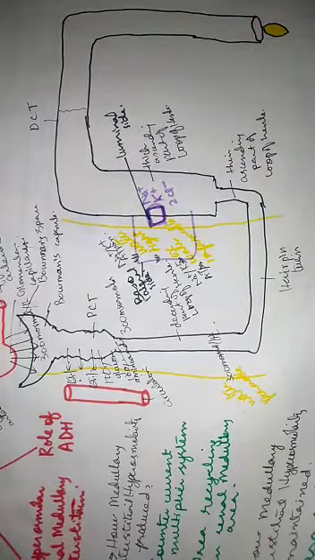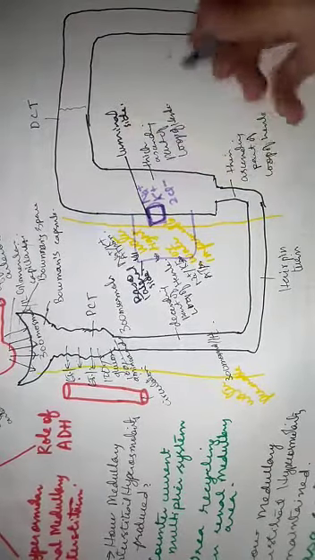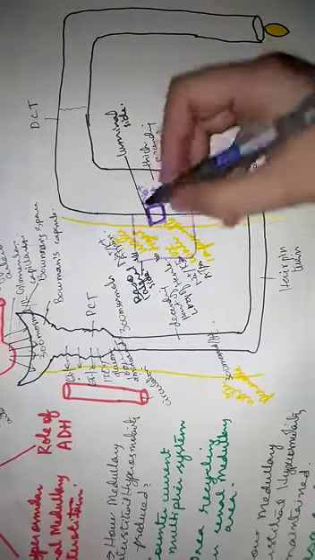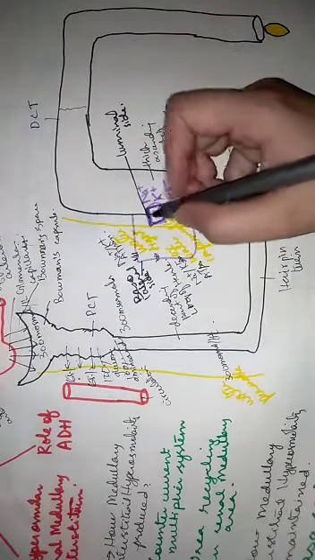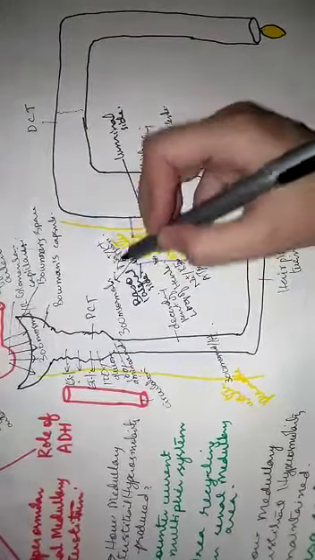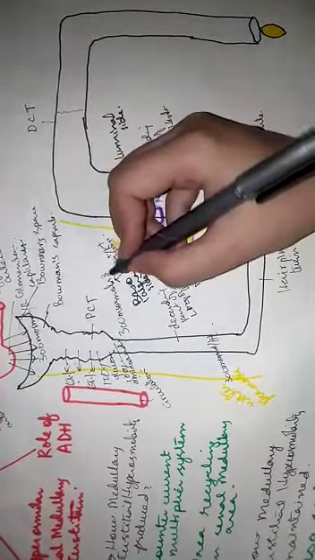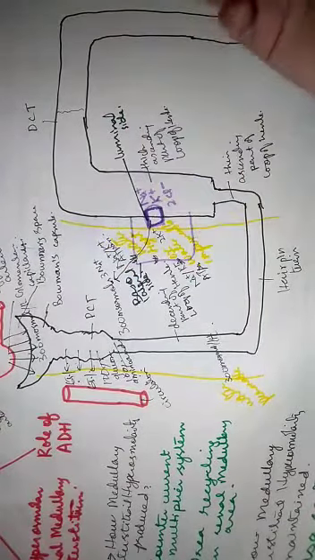The sodium which is reabsorbed from the thick ascending part of loop of Henle goes to the general circulation by this pump. When 3 sodium goes out, 2 potassium reach inside the cell.